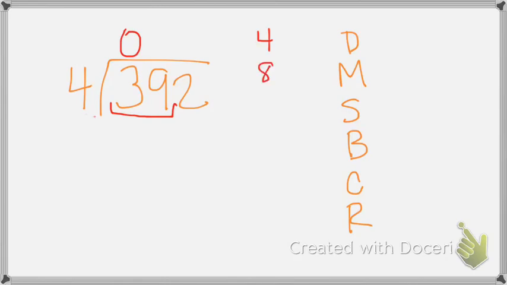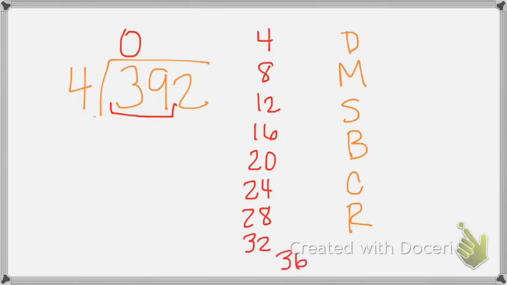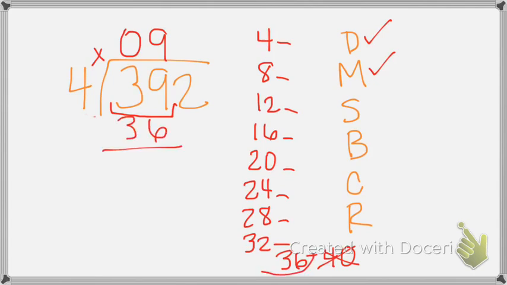So 4, 8, 12, 16, 20, 24, 28, 32, 36, and my next one is 40, and that goes over. So that's 1, 2, 3, 4, 5, 6, 7, 8, 9 is my divide. Now I multiply. 9 times 4, 36. I have it in my list over here. Now I subtract. And 39 minus 36 is 4. Now I bring down. And sparkle the loveliness.